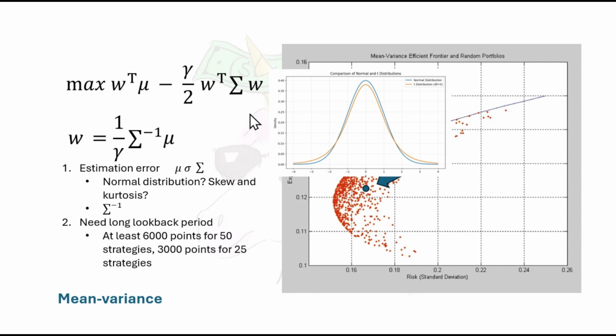The second limitation is actually more intuitive. In order to use these methods, we are expected to have a lot of data. Just imagine a simple case, right? You have two strategies. The first strategy is you hold bonds, and the second strategy is you hold QQQ.